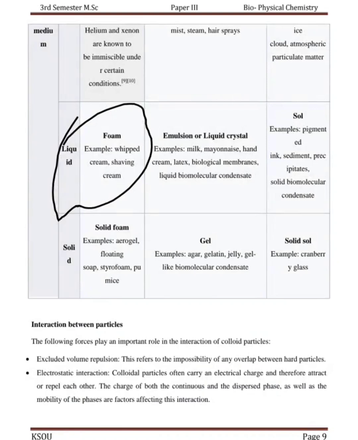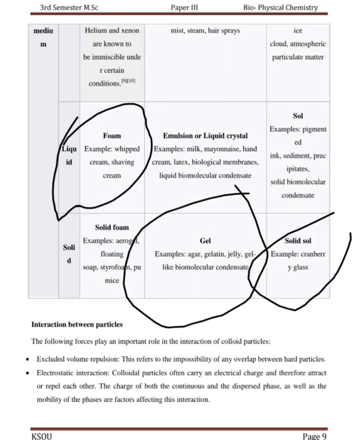Liquid with solid is pigmented ink, sediment. Solid with gas is aerosol. Solid with liquid is gel, and solid with solid is colored glass.